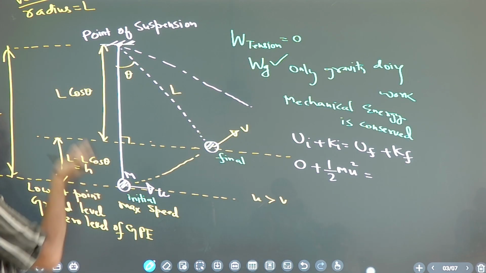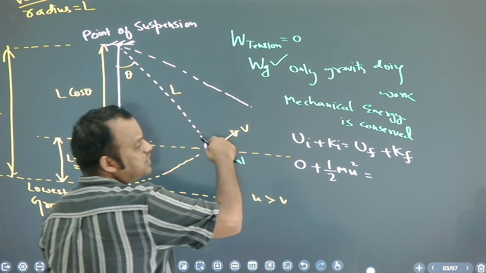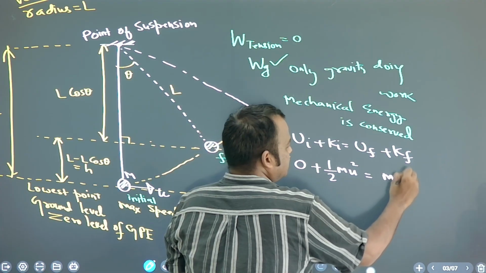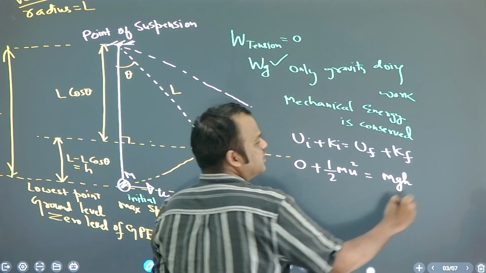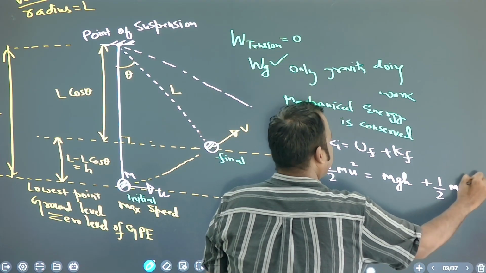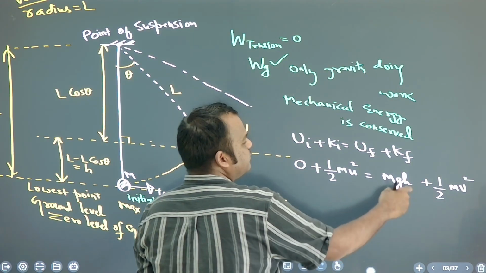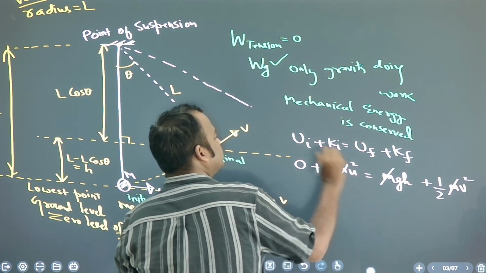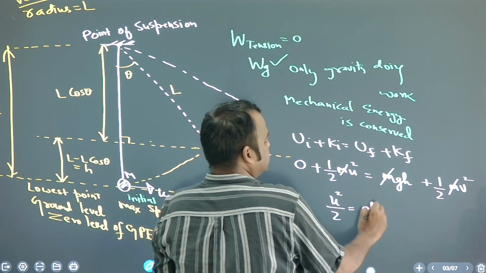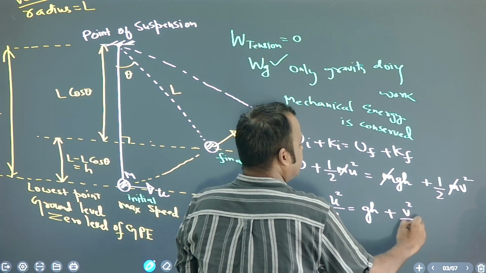H. So the potential energy here is mgh. H value is L minus L cos theta. What is the final kinetic energy? Half m v square. Now m cancels. So u square by 2 is equal to gh plus v square by 2.